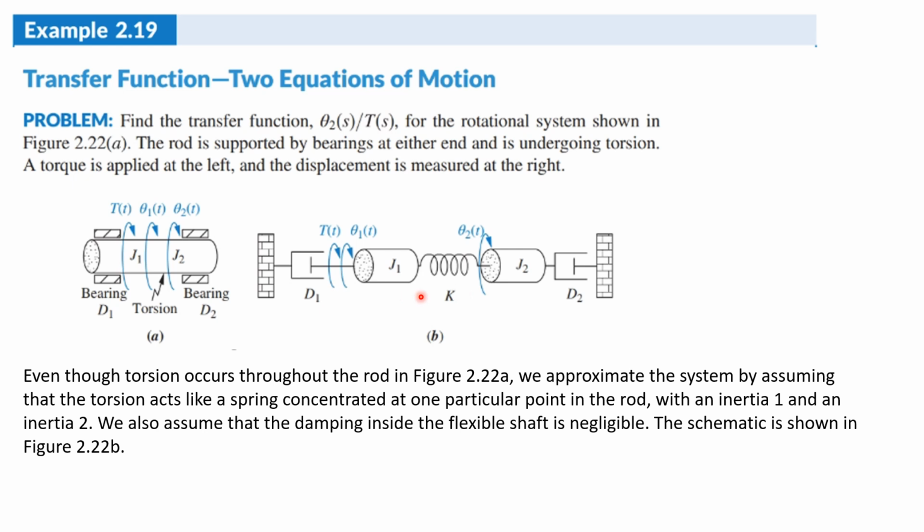So for simplification purposes, we imagine that our system is modeled as on the right. We have two inertia masses, a spring in between the masses, and a damper at each end. Notice here the torque is applied on the left. So you have an angular displacement on this mass and an angular displacement on this mass.